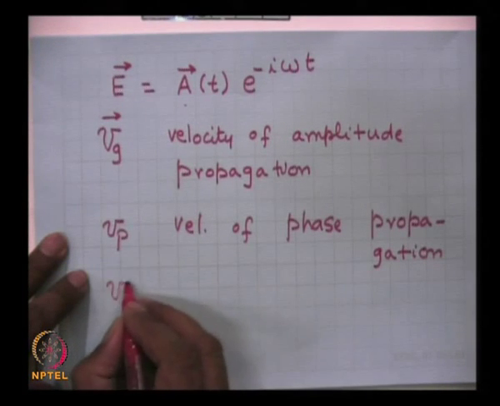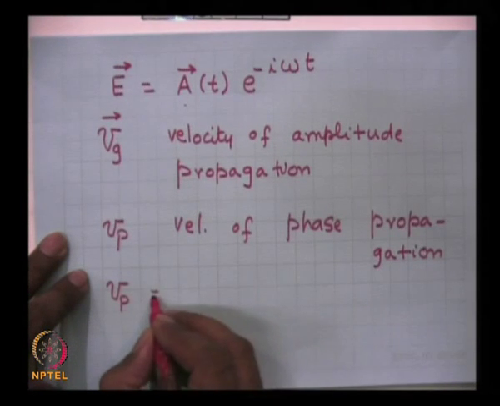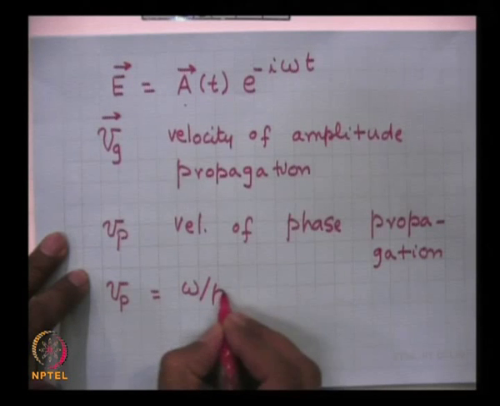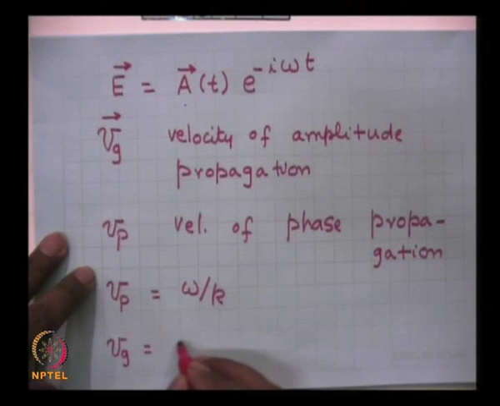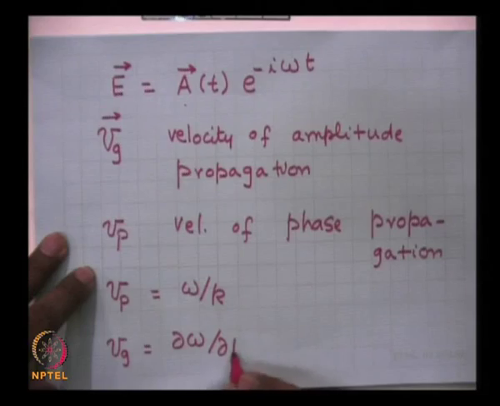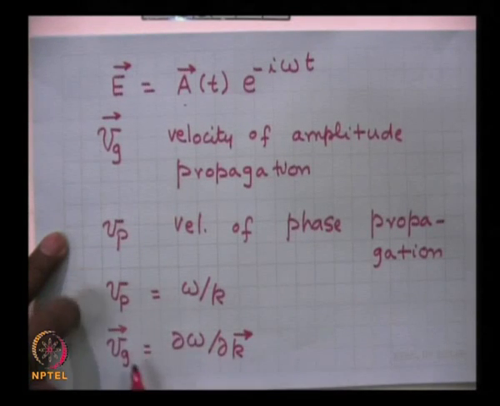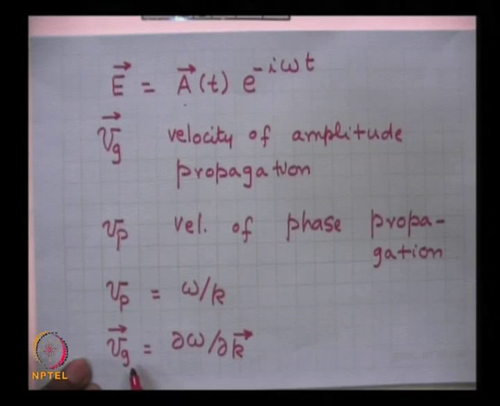Vp is denoted as omega by k, and Vg will be shown to be equal to delta omega by delta k. It's a vector sign put there and vector sign there. Vg has three components: Vgx, Vgy, Vgz.